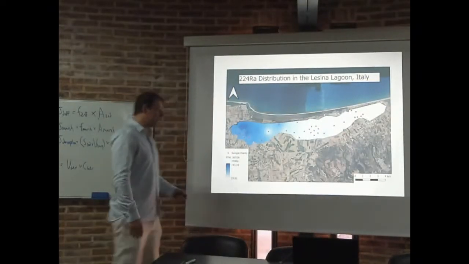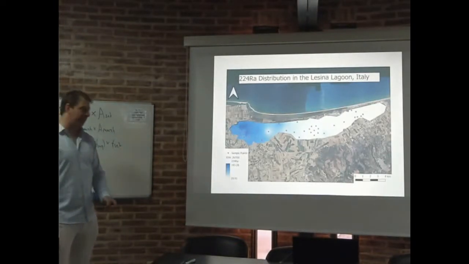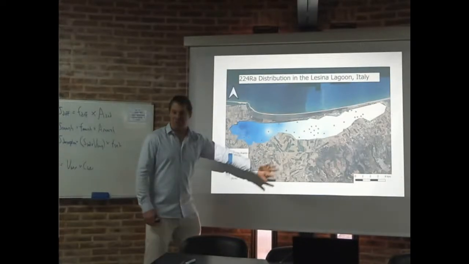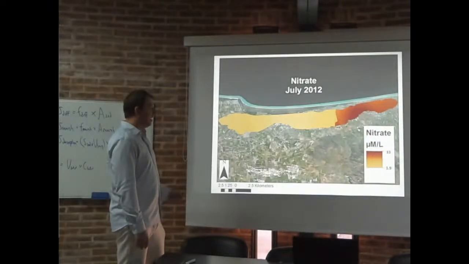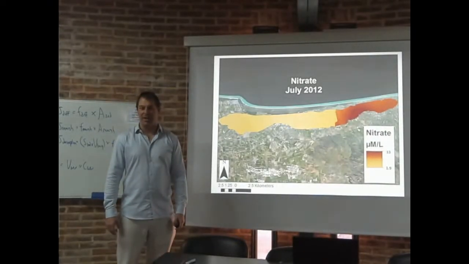And then at the same time, we measured nutrients, and there's always supposed to be a lot of nutrients coming in through groundwater. And if you can see, there's also a lot of agricultural land here. And we measured nutrients, and the high nutrients were exactly the opposite of the radium trend.